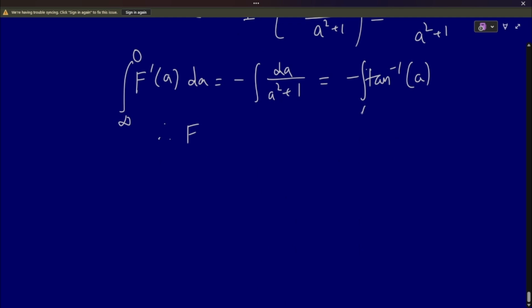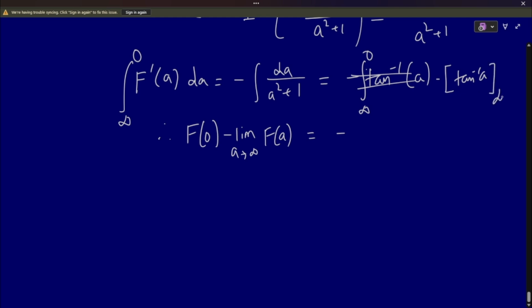The fundamental theorem of integral calculus tells us that this equals f of 0 minus the limit as a tends to infinity of f of a. And similarly here, this is not the integration, because we have already performed the integration. This was just a writing mistake.